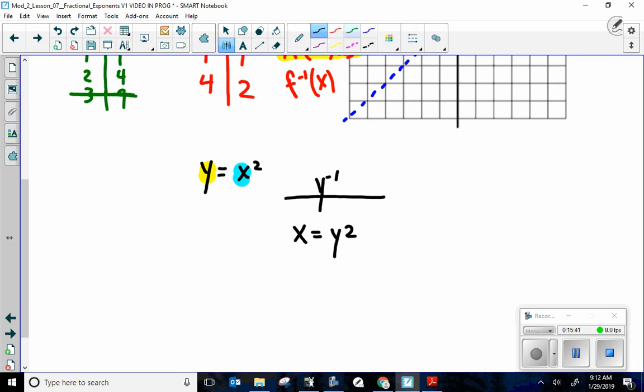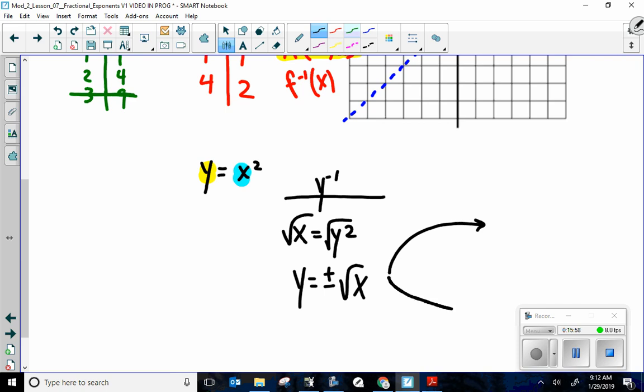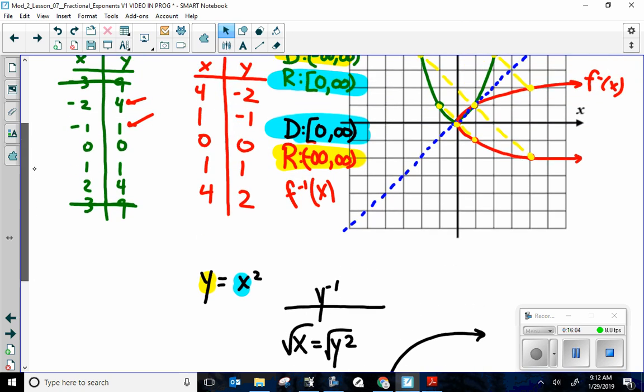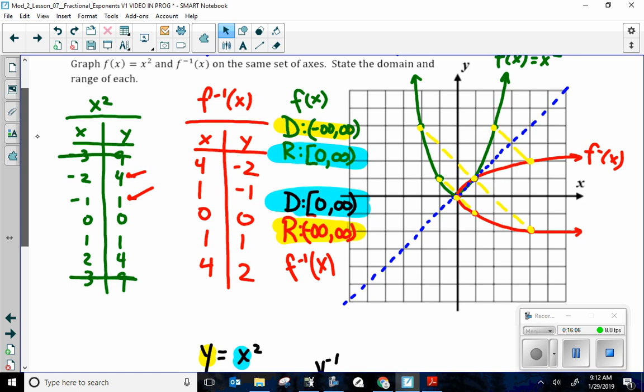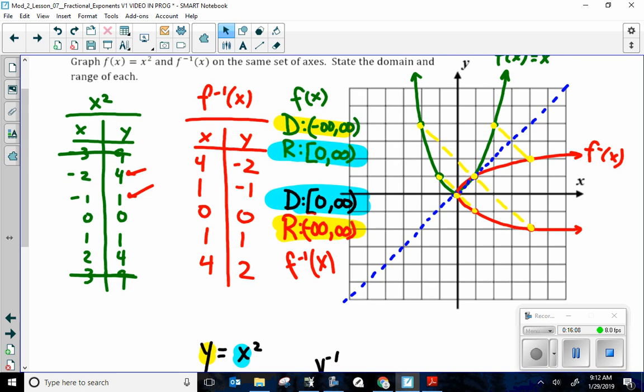And now I solve for y again. So y would equal the square root of x, but don't forget plus or minus. That's how you get the top part, the positive version, and the negative version will be the bottom part of our graph. And that's exactly what we have up here in red. Good. Let's do one more, and we'll call it over.